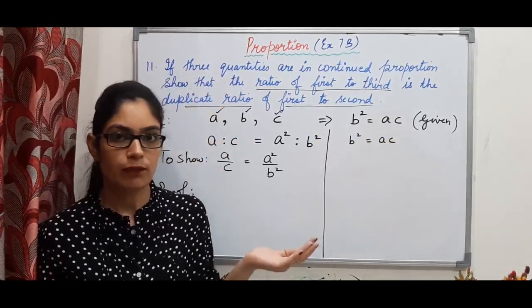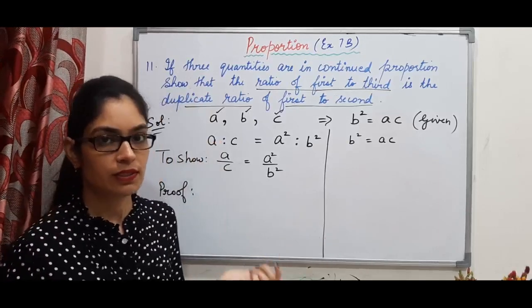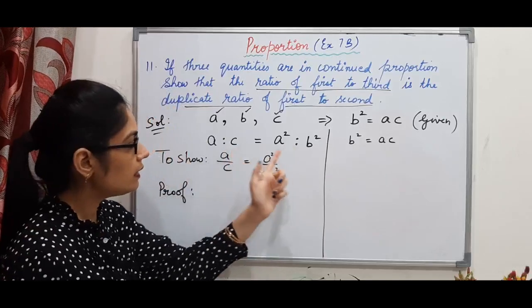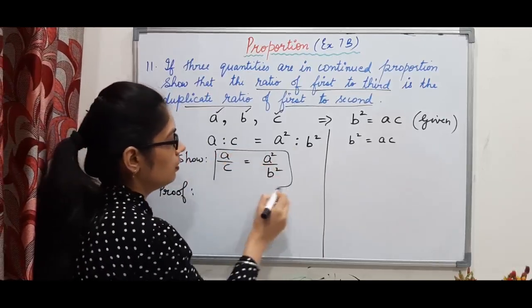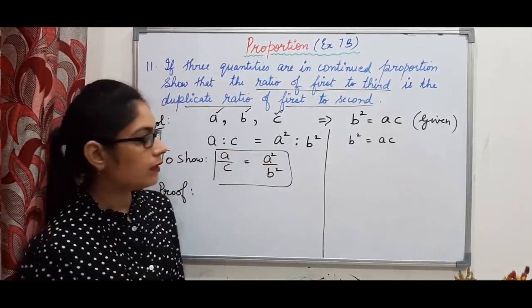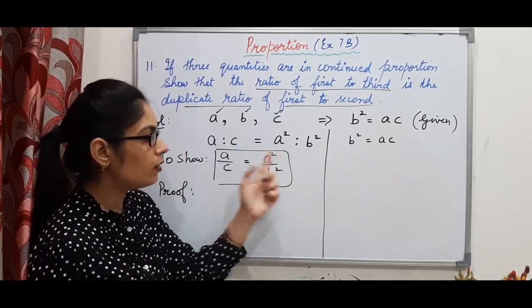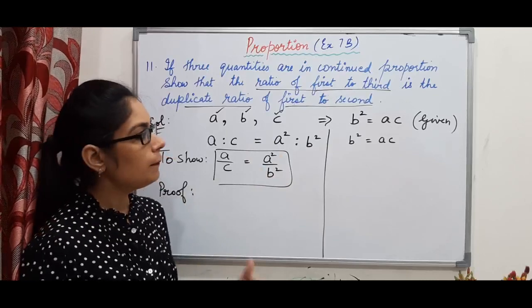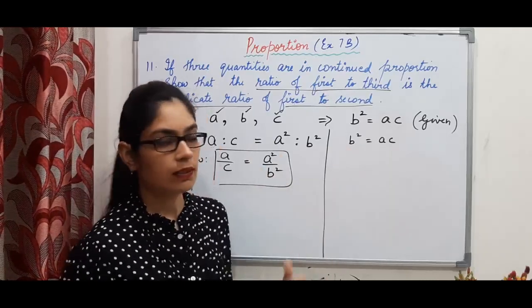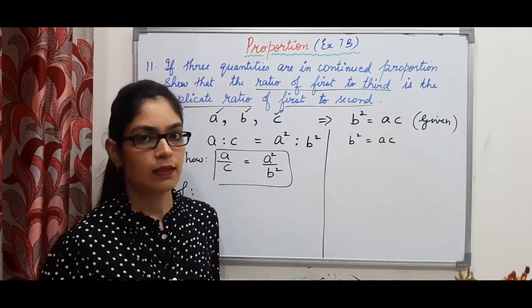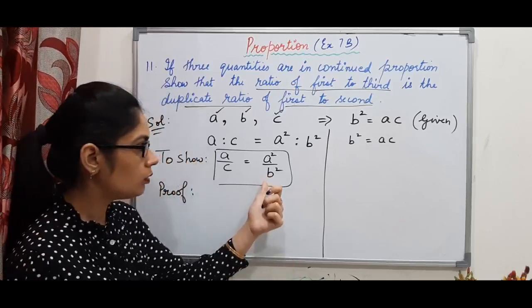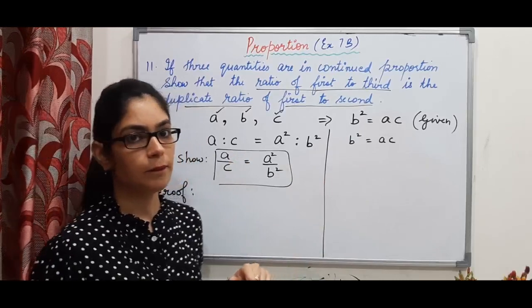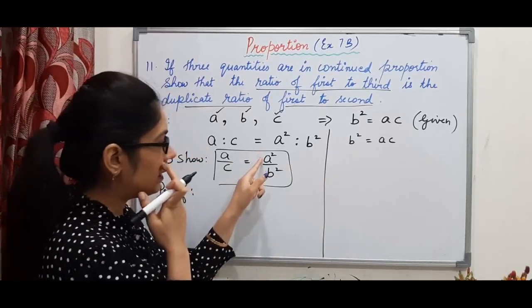Any change which is acceptable we can make here. Now if I see in the required thing, I have square of A and square of B is also there. In the given thing, square of B is already there, but I need square of A also. The other two things, A and C, are there. So I just need square of A also.